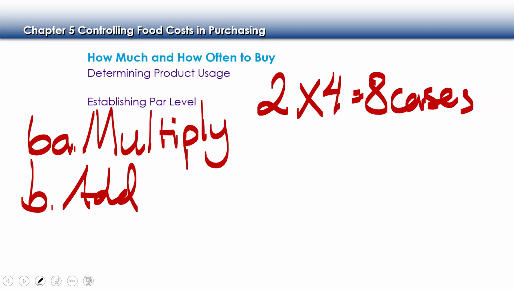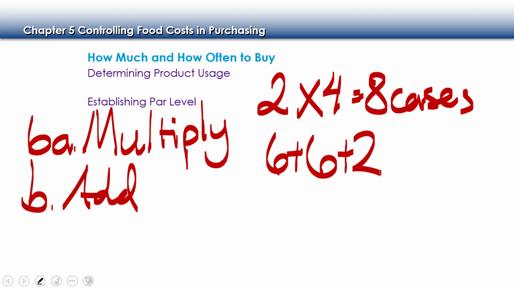So that means on Monday morning, when I open for the day, I need to have 8 cases of chicken on hand to get me through Thursday. Okay. For delivery on Friday, for chicken, we have 6 for Friday, 6 for Saturday, and 2 for Sunday.